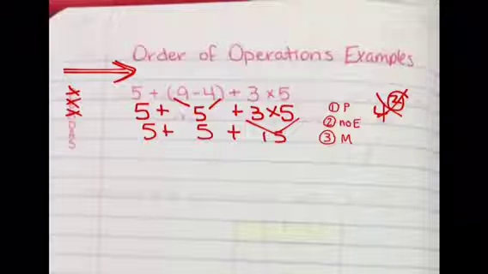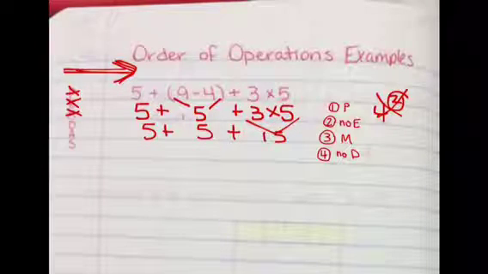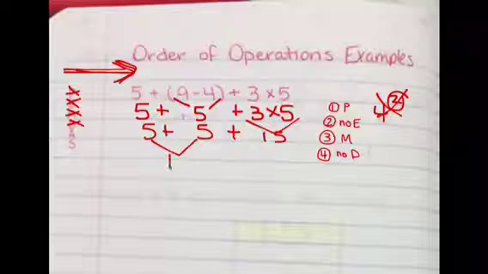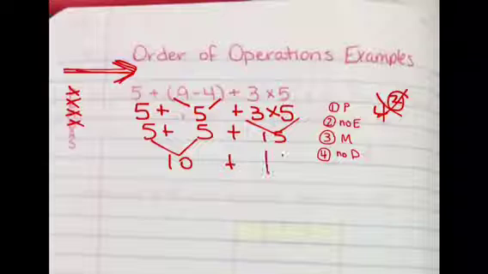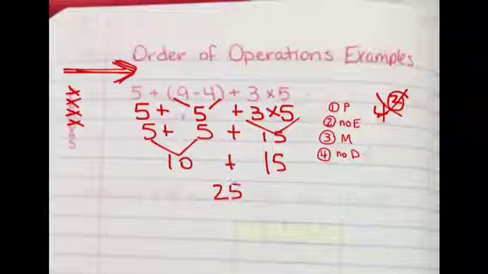We did it. Now we're going to look for divide. So it's left to right still. We look, there is no division. So we look for our next step. We can mark out our D. Add. Now we've got 5 plus 5 is 10, plus 15. 10 plus 15 gives us 25.